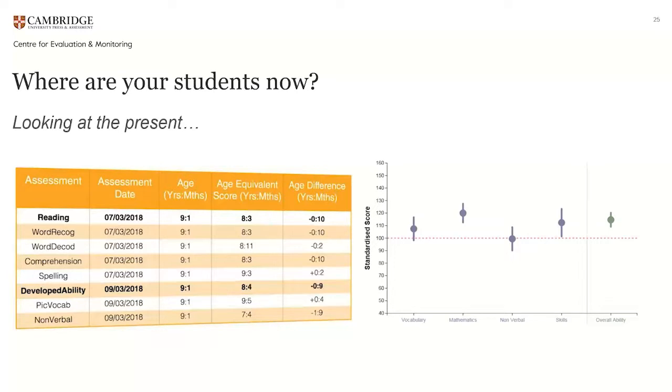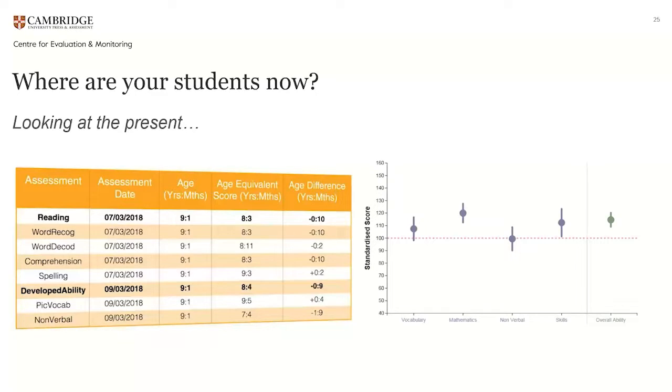And you can see the breakdown of scores as well. So you've got word recognition, word decoding, comprehension, and spelling. So you can see which are the particular areas that we might want to support this child. And you've also got developability, so that's the picture vocab and the non-verbal. On the right-hand side, this is from MIDIS.